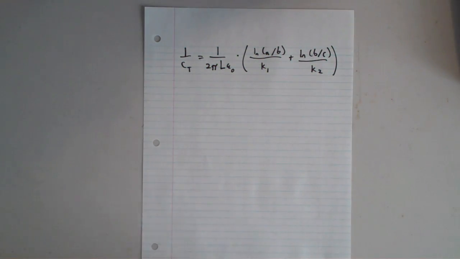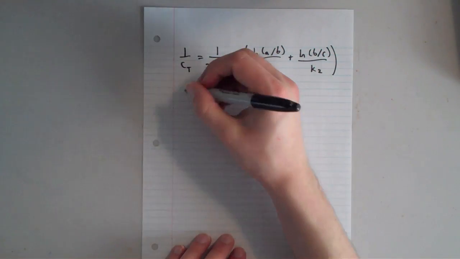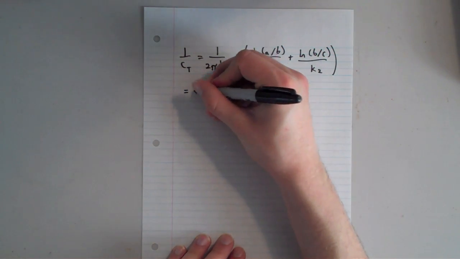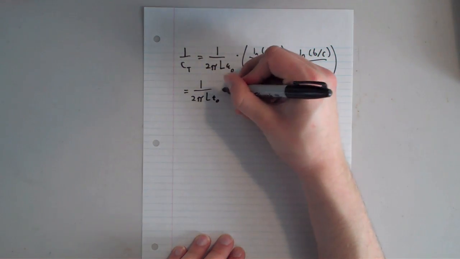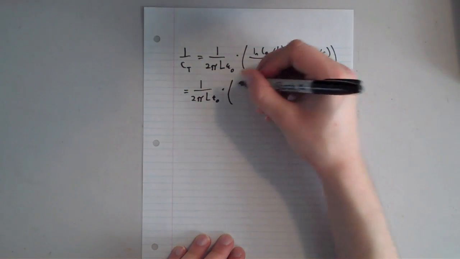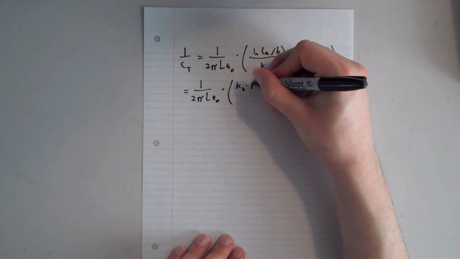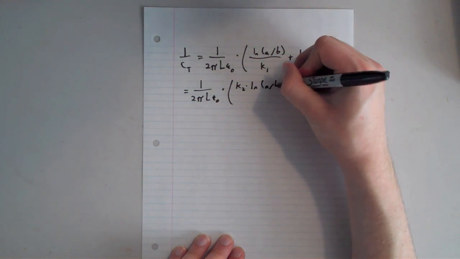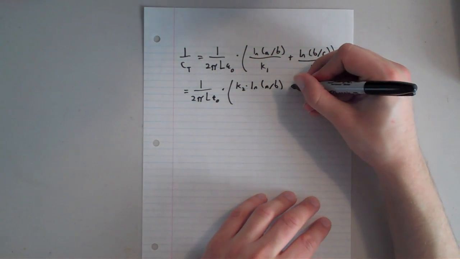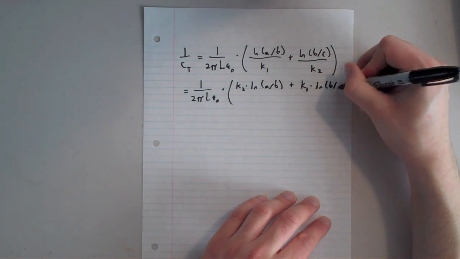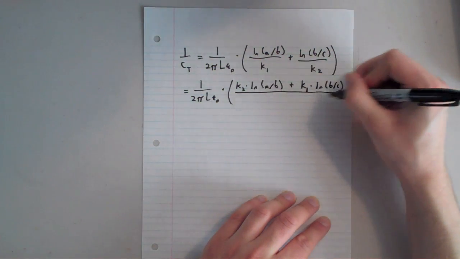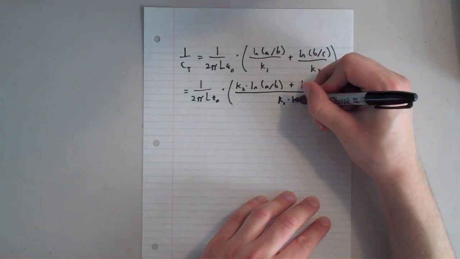Okay, now I'm going to find a common denominator here to make it easier when we take the reciprocal. So we leave the stuff out in front the same, and then we go K2 times the natural log of B over A plus K1 times the natural log of C over B, over K1 times K2.